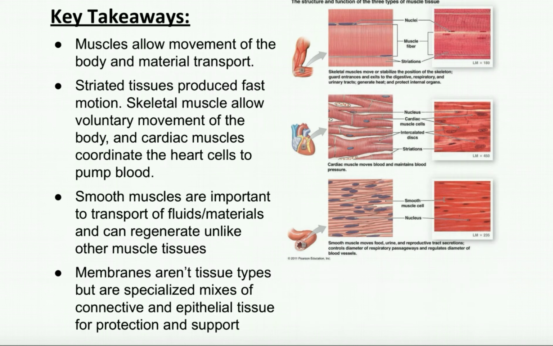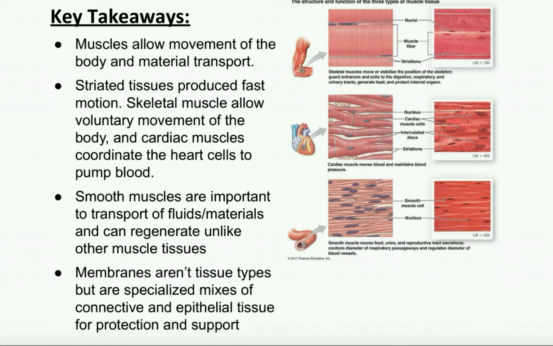We really went into depth on muscles, which are the main tissue type for transportation and movement. You use skeletal muscle for fast, conscious movement of your body, in particular your skeleton, for helping you walk and move and all that stuff.